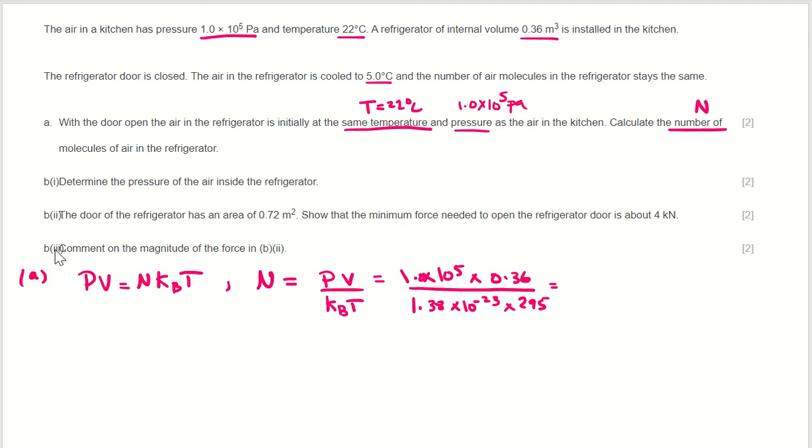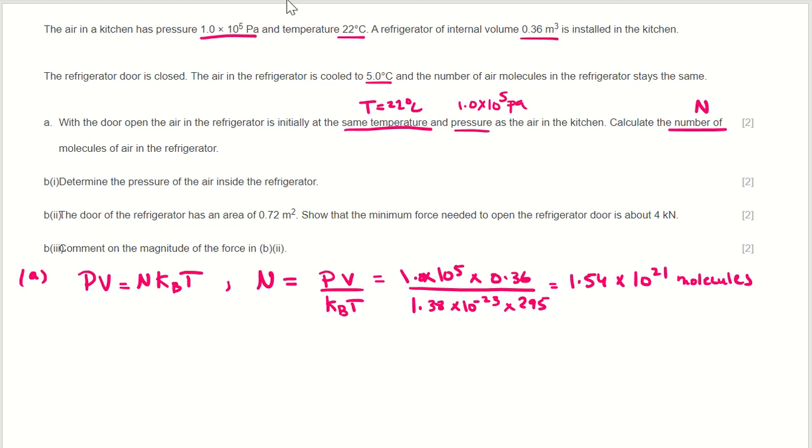But you have to be careful while using your calculator. Divided by 10 to the power of minus 23, and the answer is 1.54 times 10 to the power of 21. So this is the number of molecules of air in the fridge. So let me repeat it quickly. I guess I missed something here.